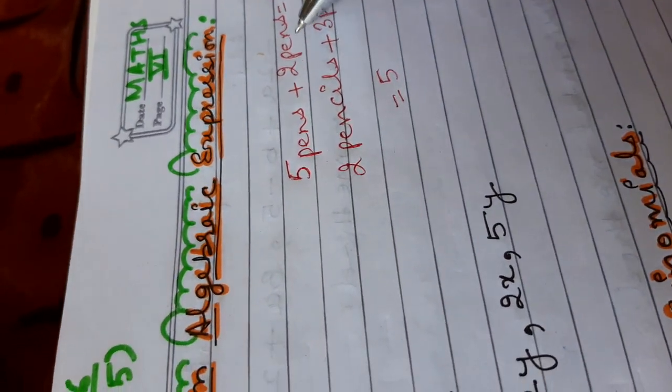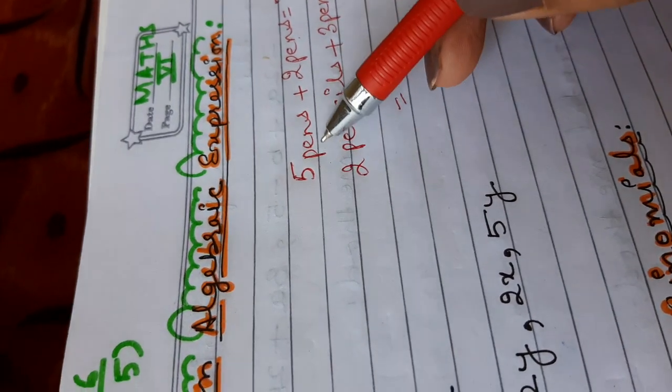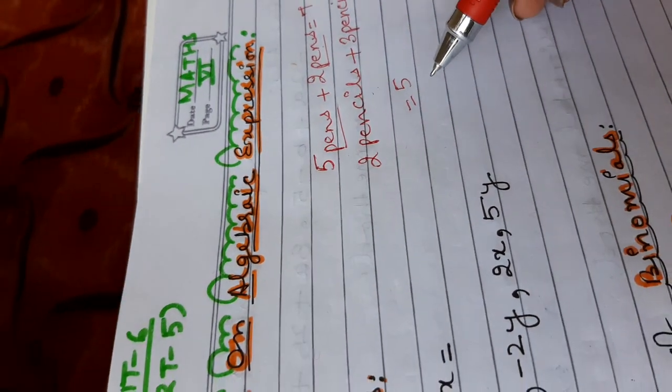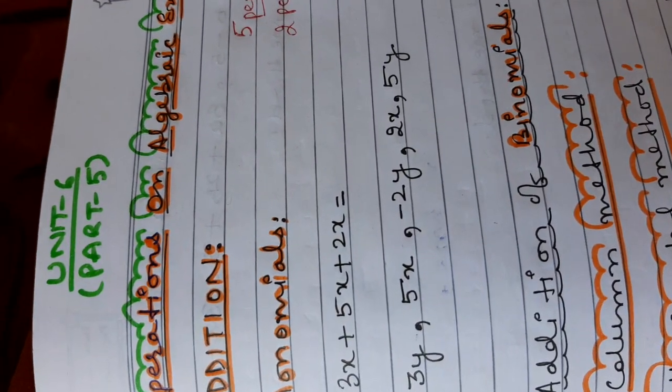I am not going to add the pens to the pencils and pencils to the pens, because pens will be added to pens and pencils will be added to pencils. In the similar way, we will add the like terms together.